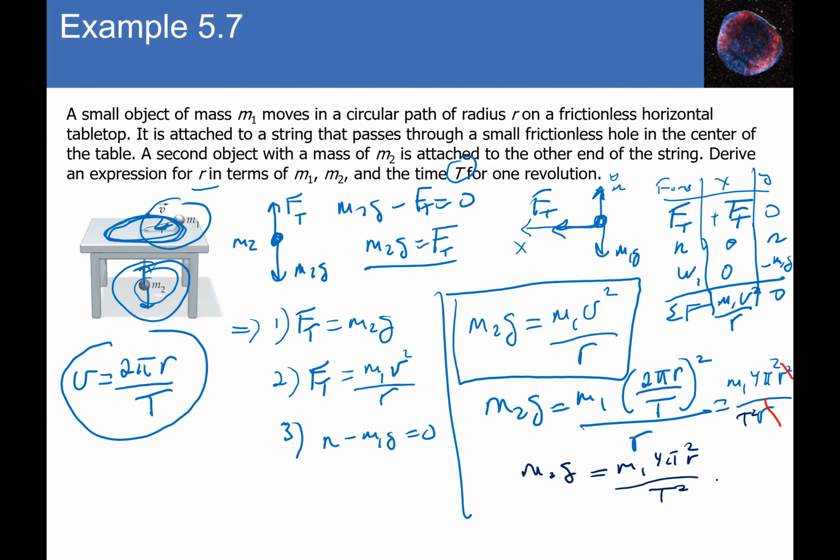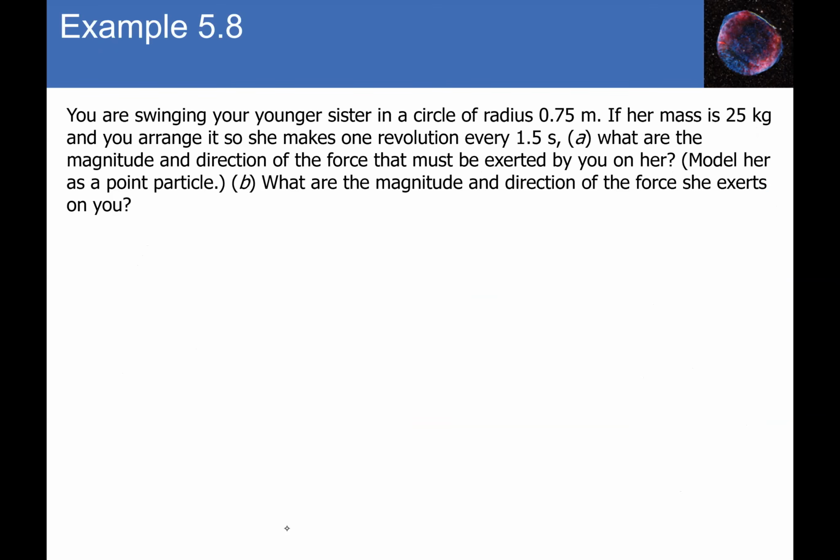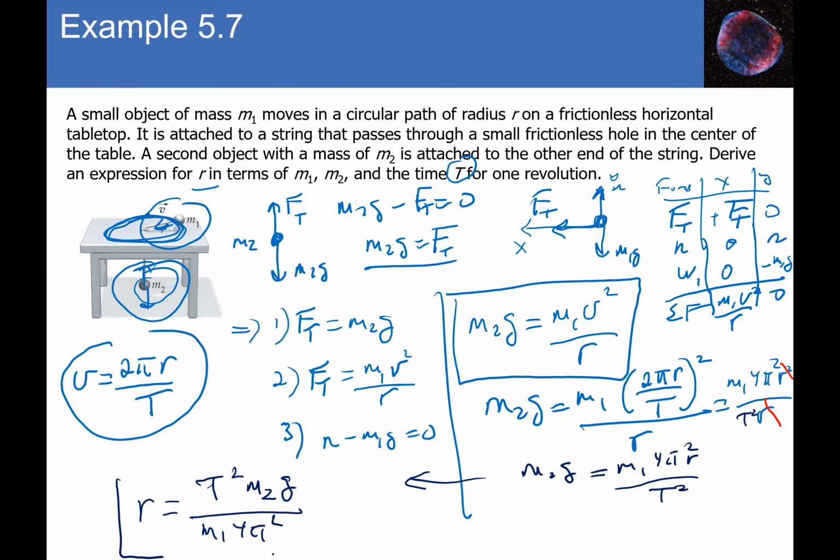Then from here, all I have to do is rearrange and solve for r. That means move it here. Say r equals, then move T squared to the other side, becomes T squared times m2g divided by m1 4 pi squared.